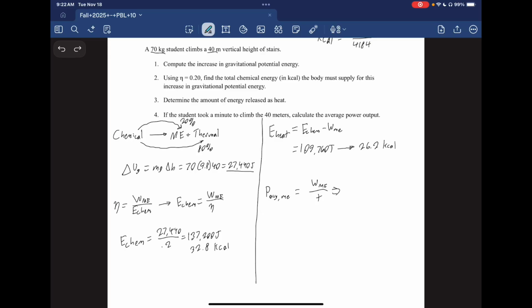If you plug those in, you get about 457 watts. And then for the metabolic rate, the average power, we'll just say chem, is the chemical energy divided by time, which, plugging in the chemical energy and 60 seconds for our time, we get about 2.29 kilowatts.